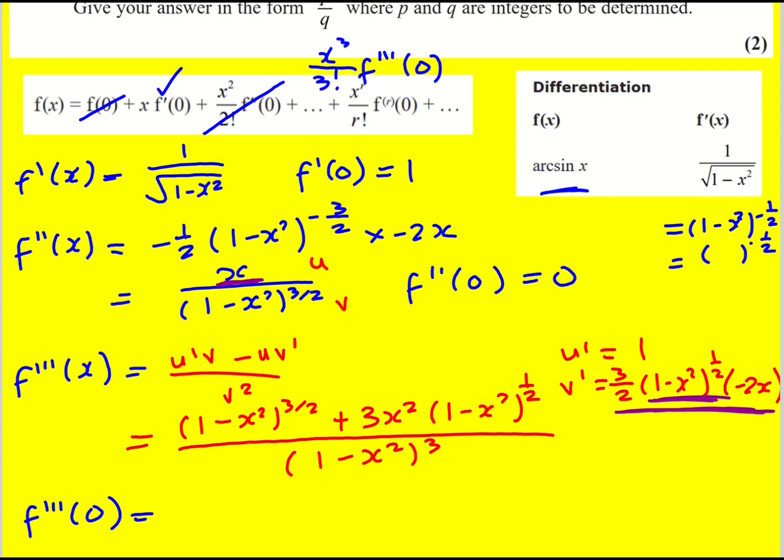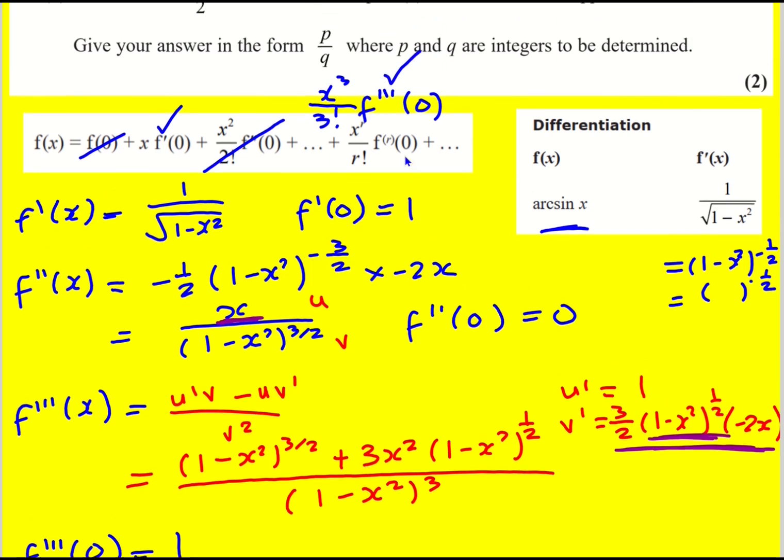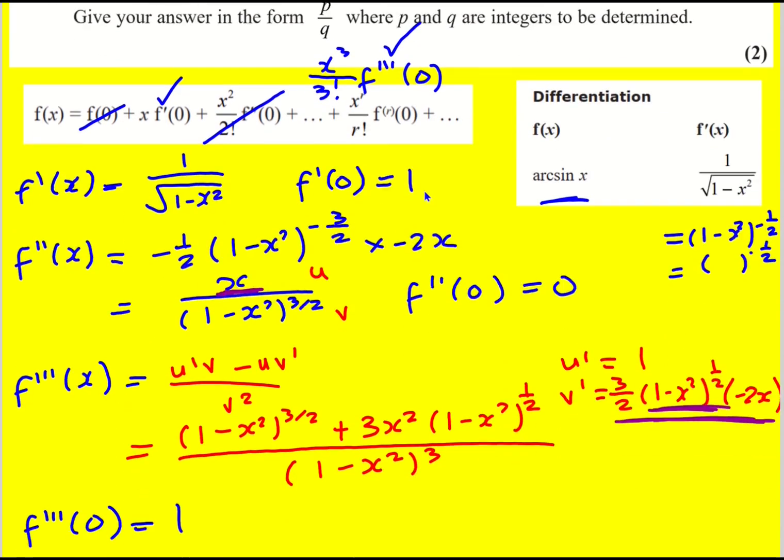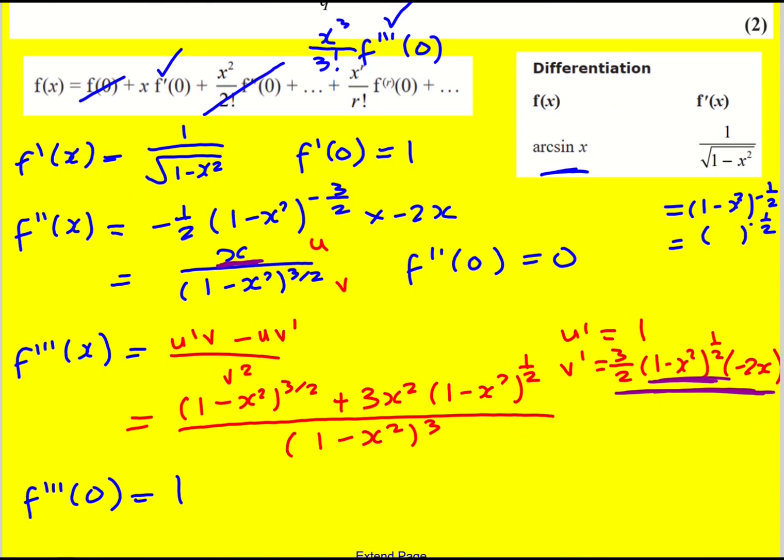Well, the good news is that loads of this cancels out. This term is just going to cancel out when I put 0 in, but I'm going to get 1 from here, and I'm going to get 1 from here. Actually, I just get 1 again. So that bit is sorted, and we've got ourselves, remember, it was the first two non-zero terms. We've got them.